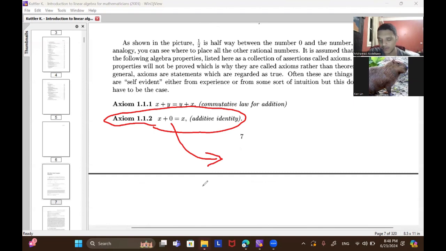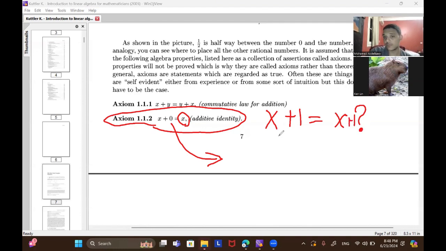If you add something to 0, you always get the same something back. Can you do that with 1? If you were to do x plus 1, would you get x? No, I would get x plus one, because we don't know what the value of x is.